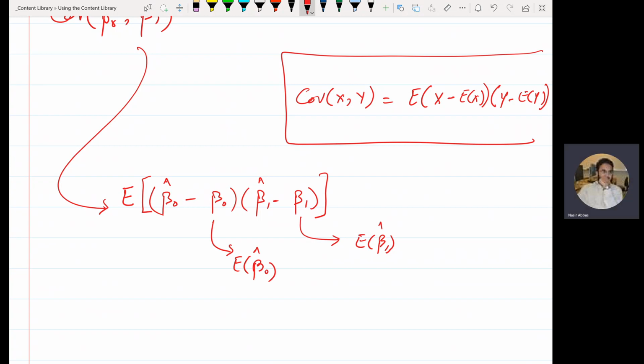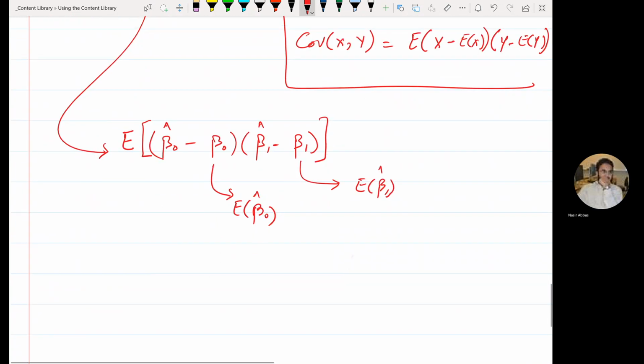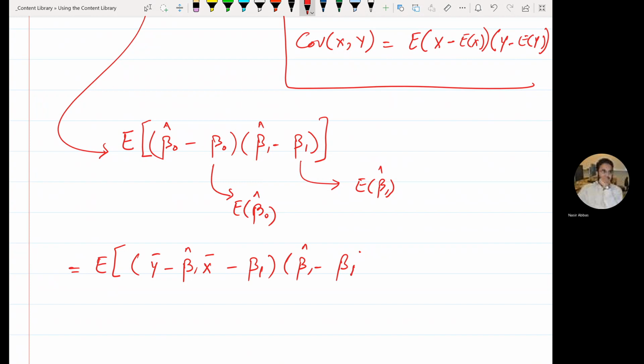Now, what I'm going to do is put the definition of the intercept, which is y bar minus beta 1 hat times x bar, in place of beta naught hat.